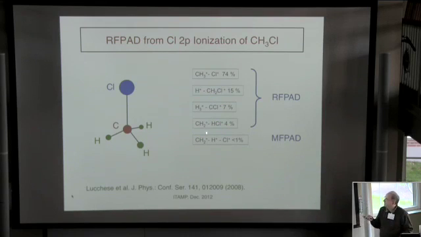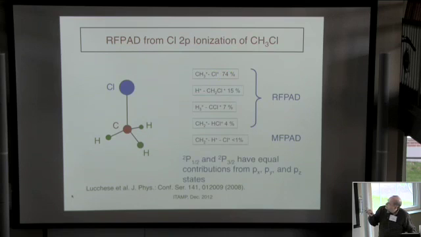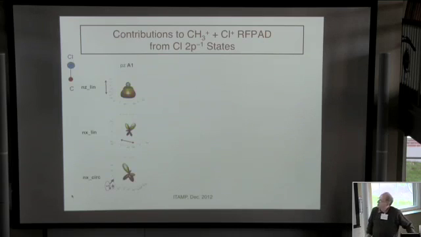There is some of this channel where you get all 3, and you, in principle, can orient it, but the experiment didn't have enough intensity to see much in that channel. So we just looked at this predominant channel up here, the CH3 plus fragment, Cl plus. There are some issues having to do with the spin orbit states, which we ignore, basically adding them together. But the angular distribution is basically the same for each spin orbit state.